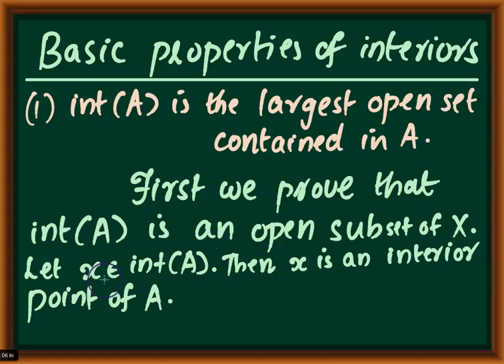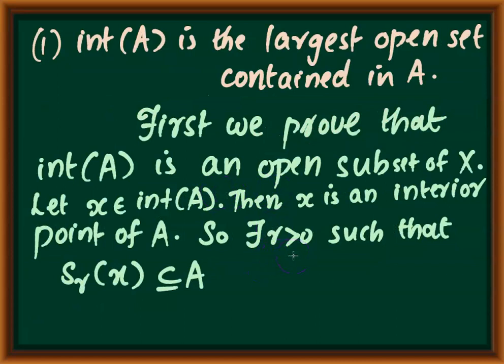For this, let us consider an arbitrary point small x from interior of A. Then small x is an interior point of A. So there will exist some R greater than 0 such that an open sphere centered at X with radius R is contained in A. This condition is obtained from the definition of interior point.